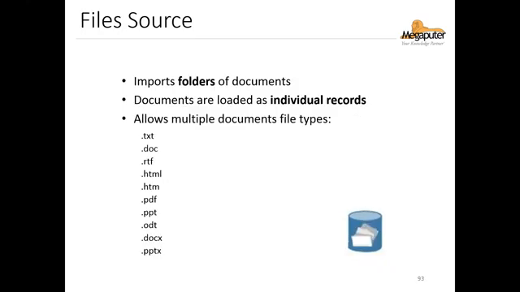There is also a files source node. Rather than loading just a single Word document or something, if you have a folder of Word documents, you can use the file source node to load all of those Word documents together, and that will create a table where each Word document is one row in the table.